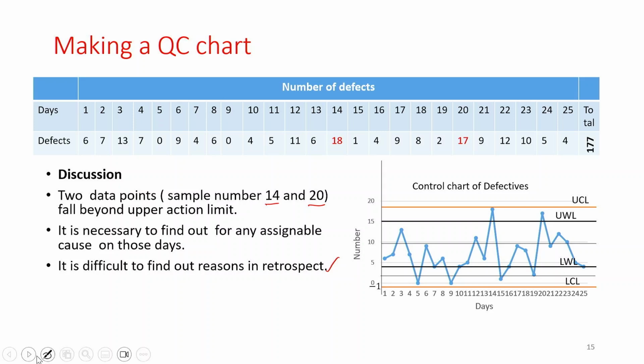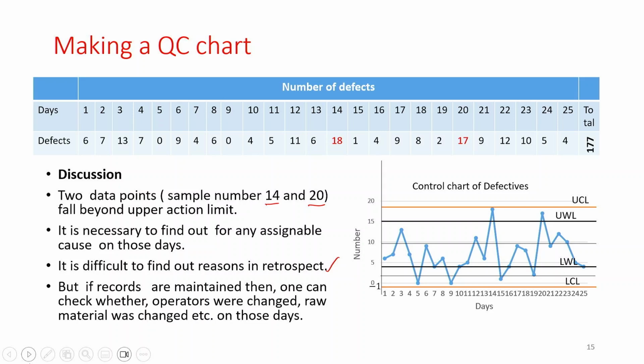But what we can do from our records, if they are maintained meticulously, is check whether on those days operators were changed, or raw material was changed, or the machine was changed, or the machine became defective, whatever it is.